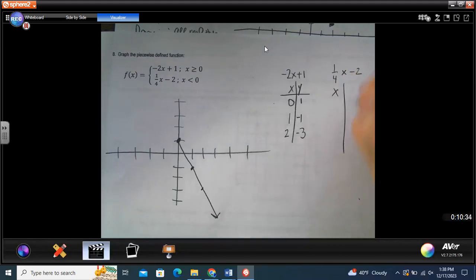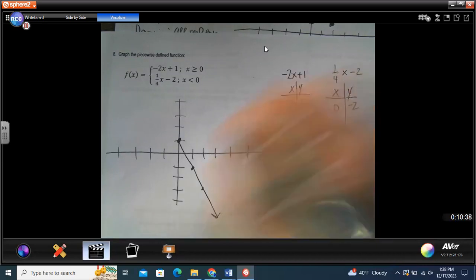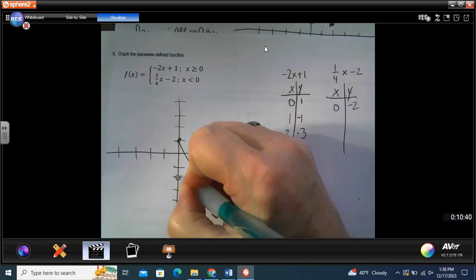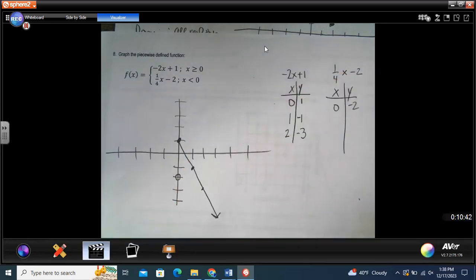And again, I'm going to plug in 0 and get -2. So I'm going to put an open circle there, right? And then I'm going to plug in numbers that are smaller than 0. And I'm going to jump all the way to -4. And if I plug in -4, I get 1/4 times -4 is -1 minus 2 is -3.